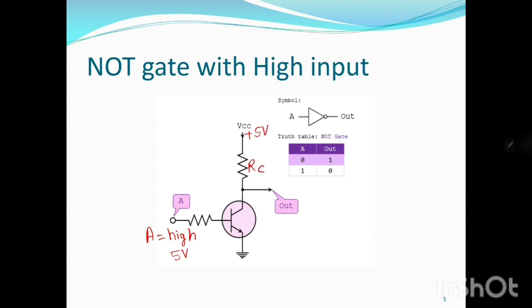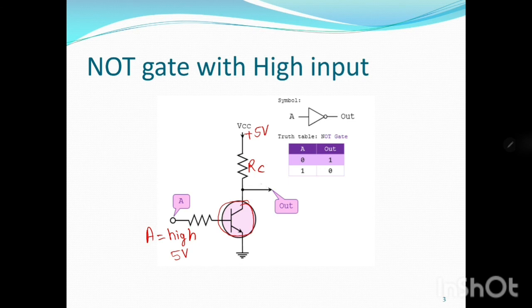Then when you are applying 5 volts to the input terminal, the transistor gets enough base voltage and therefore this transistor is made on.